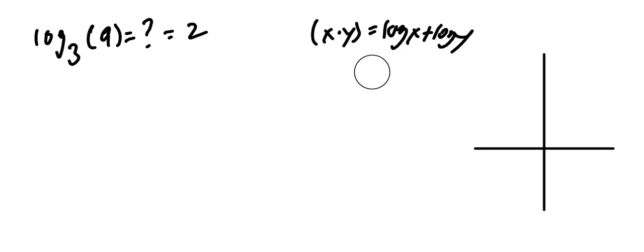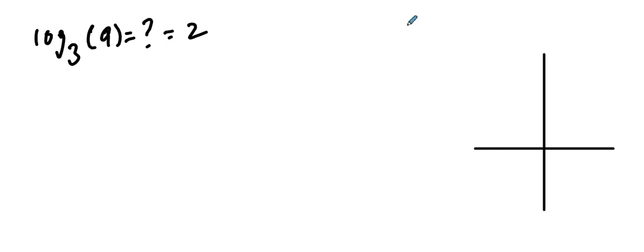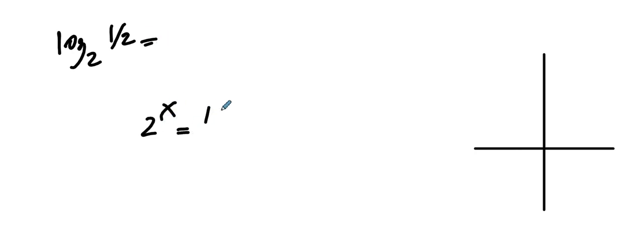Now, let's use some quick equations and some different types of logarithms here, and let's find out some more about them. Let's say we have log base 2 of 1/2. What is this equal to? Well, this means that 2 to the x is going to equal 1/2. So 2 raised to what power?